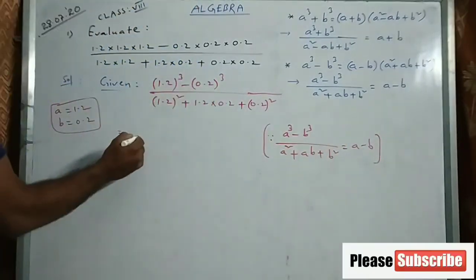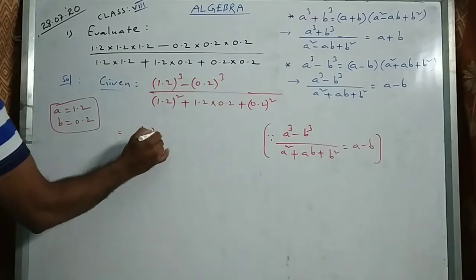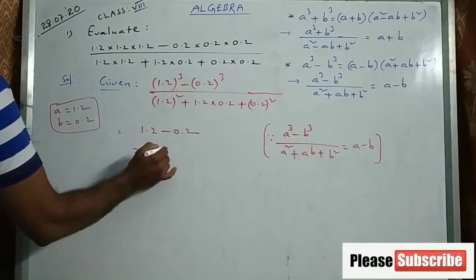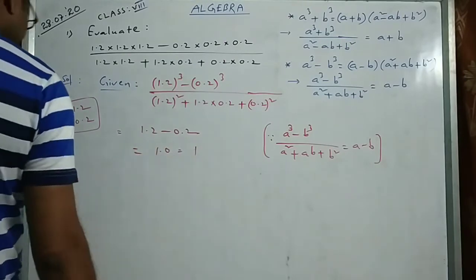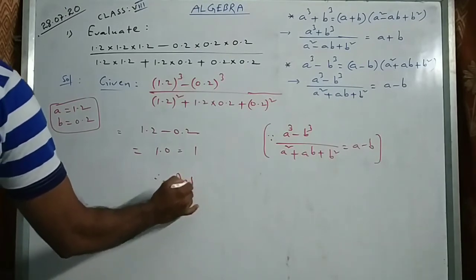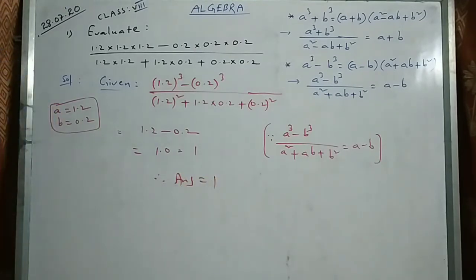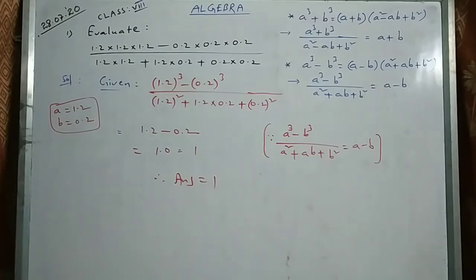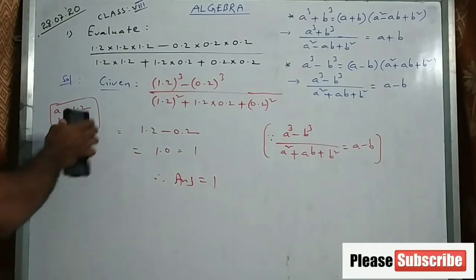So it looks like that formula. So a minus b means 1.2 minus 0.2 means 1.0. 1.0 is nothing but 1, right? So therefore answer is 1. Okay? You will see one more problem.